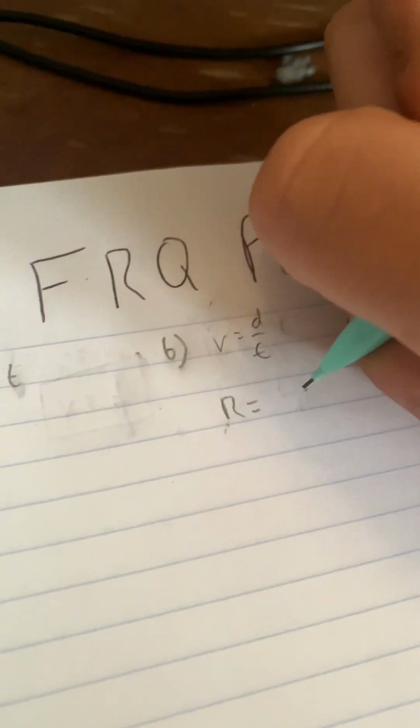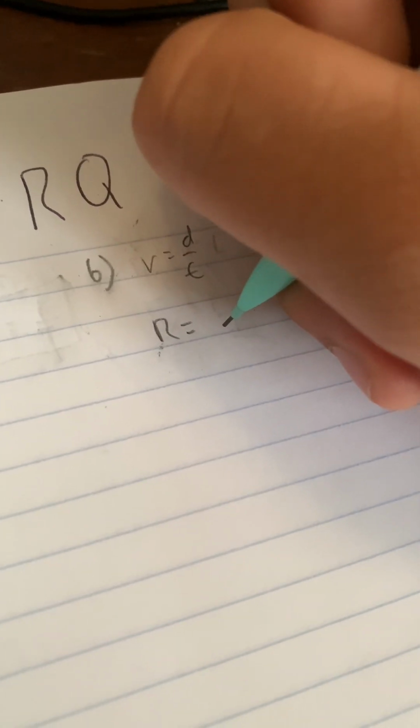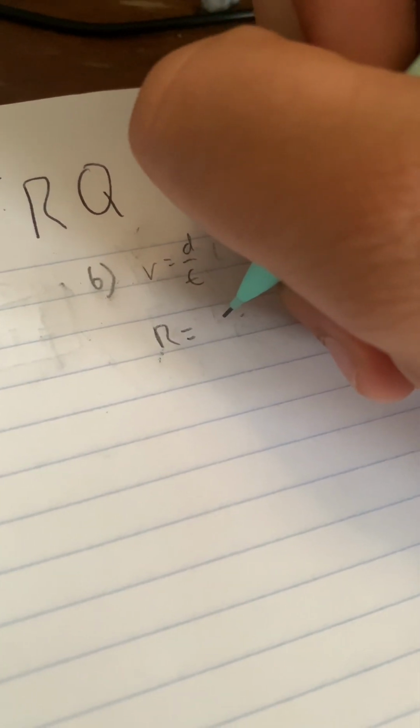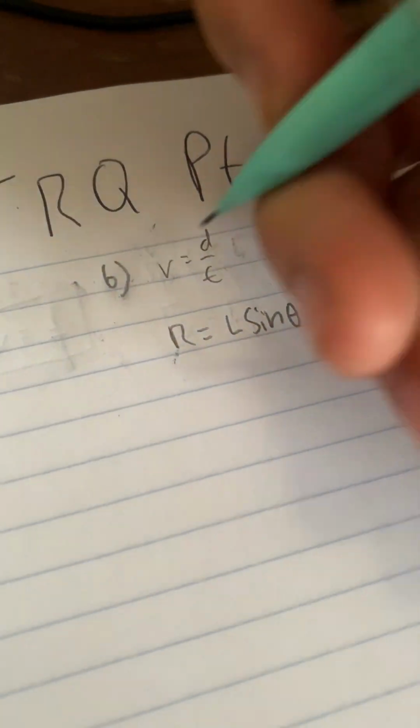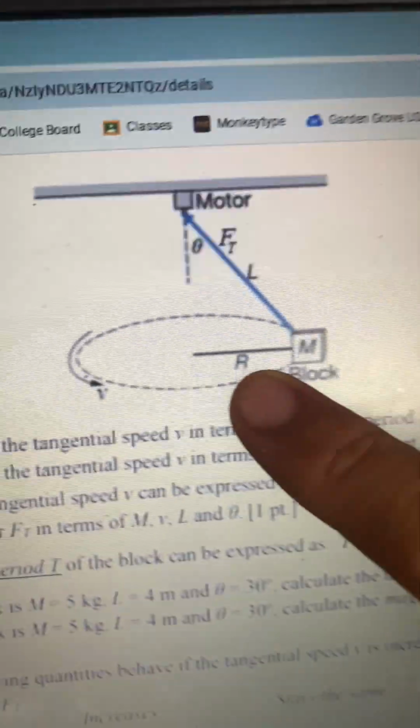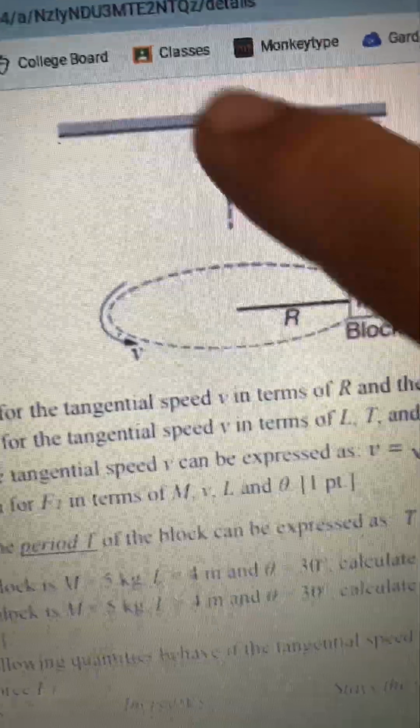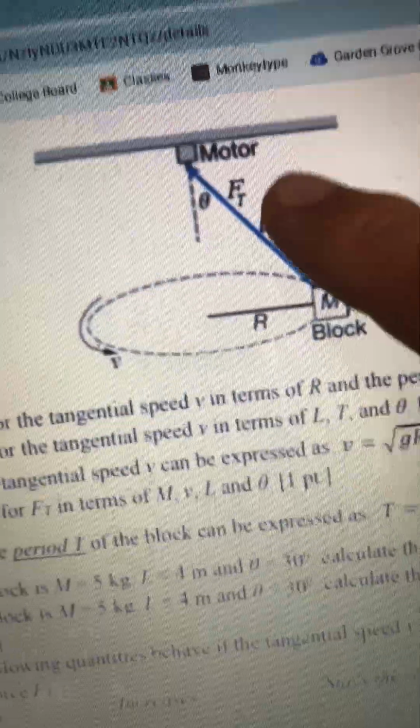But since we want to find this in terms of L, t, and theta, we know that r is equal to L sine theta, because r is the opposite of theta, and L is the hypotenuse.